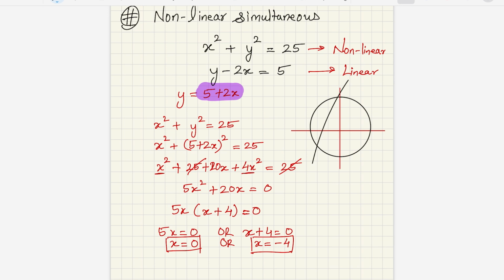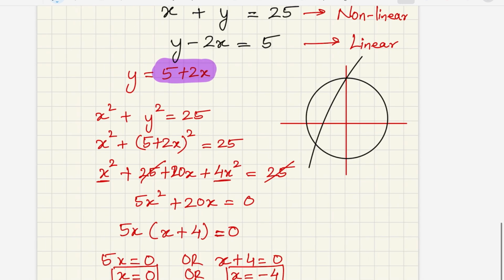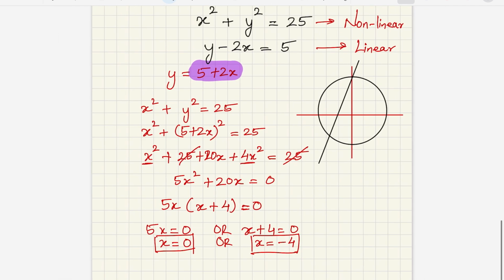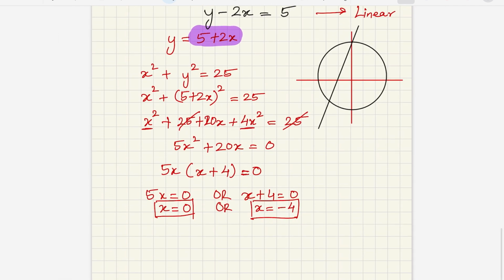We need to find those 2 points. So here this is the line where it cuts. One of the points for x is 0 and one of the points is minus 4.